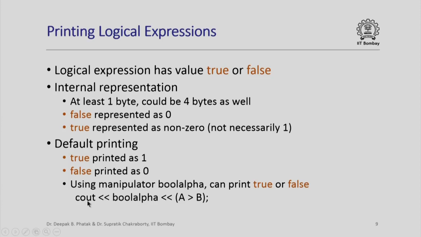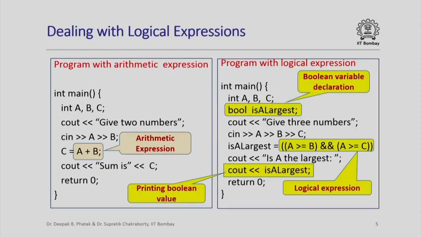So for example, if I say cout << boolalpha << (a > b), and if it turns out that the value of A is indeed greater than the value of B, then this is going to print out the string true. On the other hand, if I did not have this boolalpha here, and if I just printed out cout << (a > b), and if the value of A was greater than the value of B, it would print out 1.